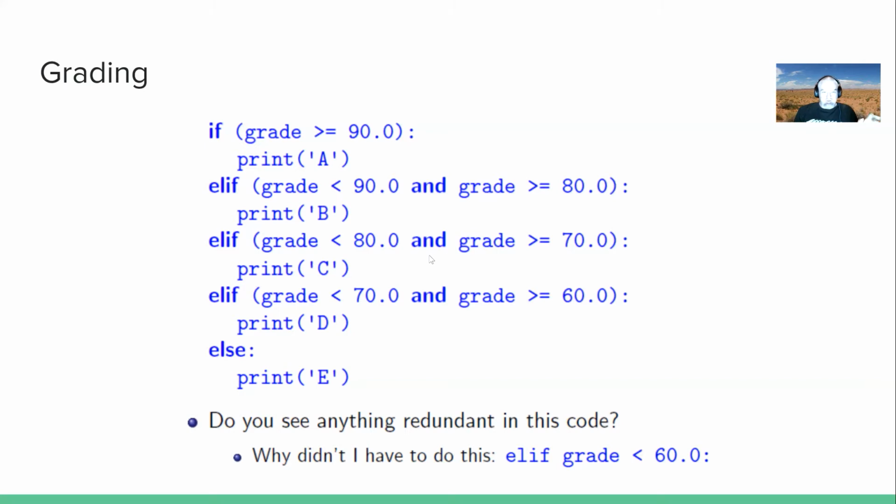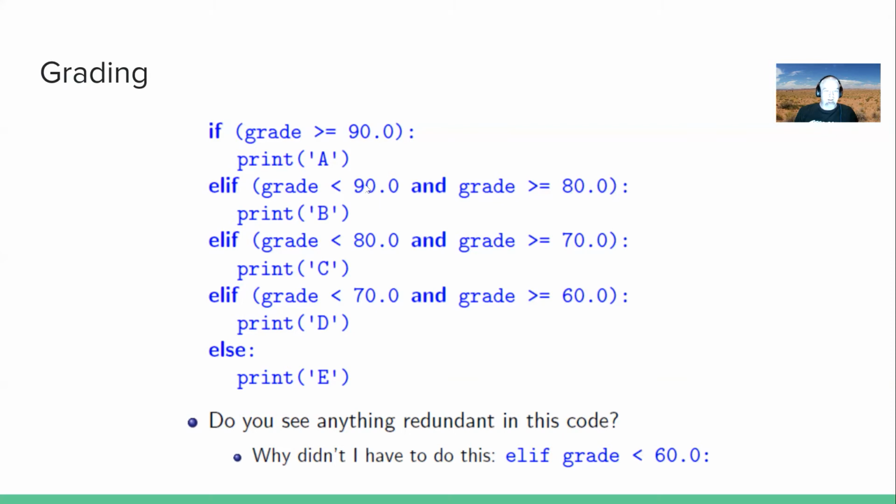The other part of this that's redundant is, over here in my first statement, I'm asking, is grade greater or equal than 90, right? And so if this is false, this second part over here that's asking if grade is smaller than 90 is not necessary, right? By default, if this was false, this is going to be true.